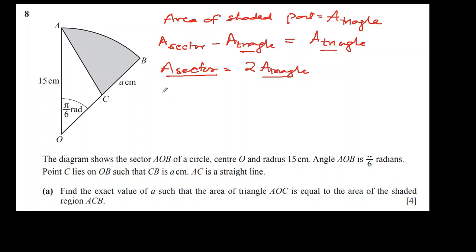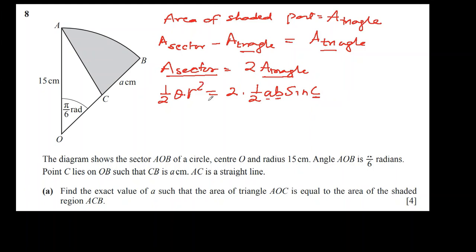So area of the sector is half theta r square, equal to 2 times the area of the triangle, which is half ab sine C, where a and b are any two sides of the triangle and C is the angle between those two sides.